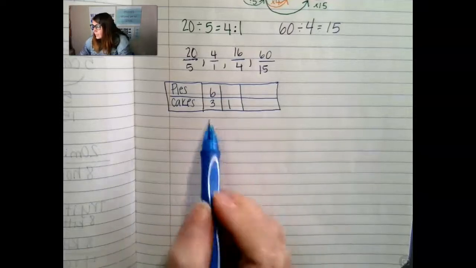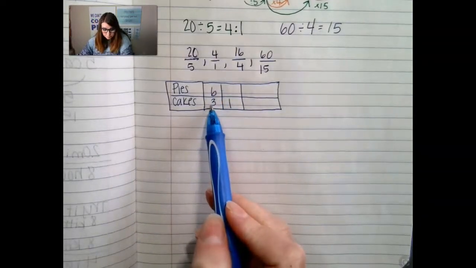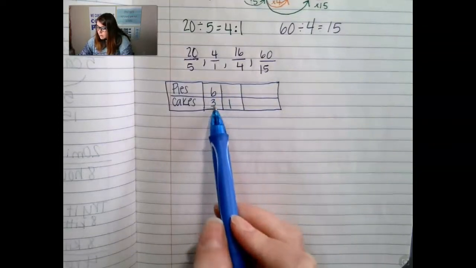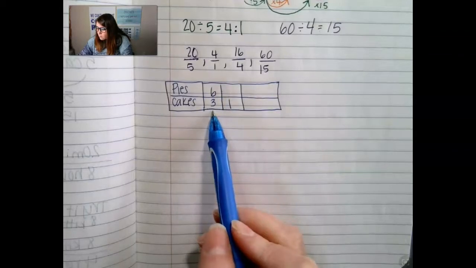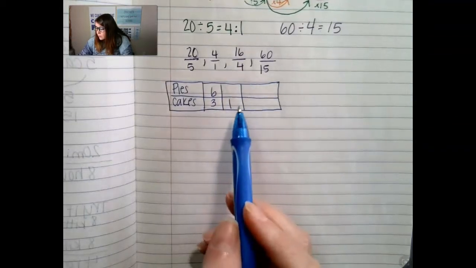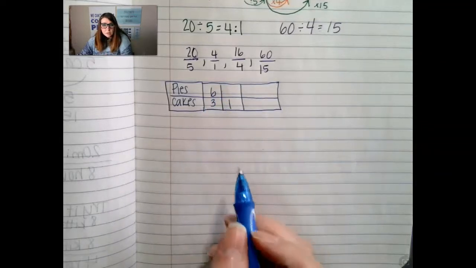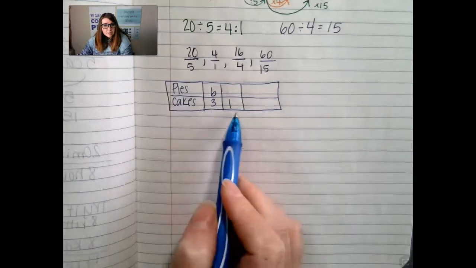How do I get to my unit rate of 1? I can look at this and say 6 divided by 3, or I can figure out how to go from 3 to 1. Well, 6 divided by 3 doesn't really work this time, so we're just going to go from 3 to get to 1.